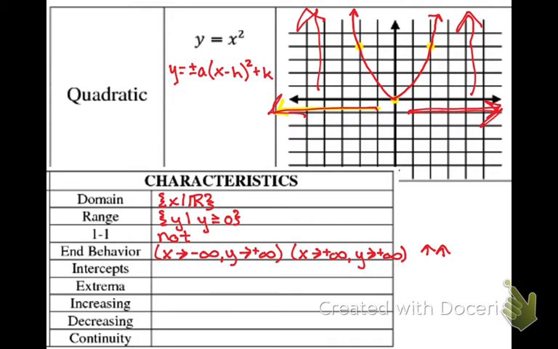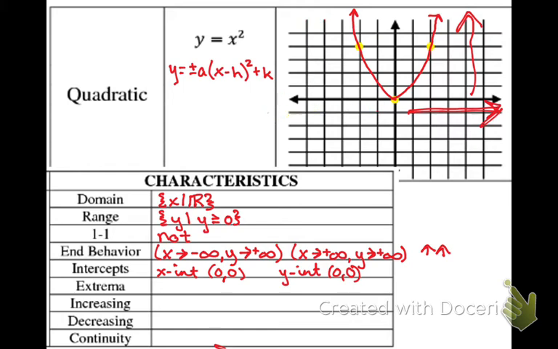Okay. Intercepts. X-intercept: 0, 0. Y-intercept: 0, 0. And if it's a function, there's only going to be one y-intercept, isn't it? Okay, extrema. Does it have a max or a min? The min, yes.